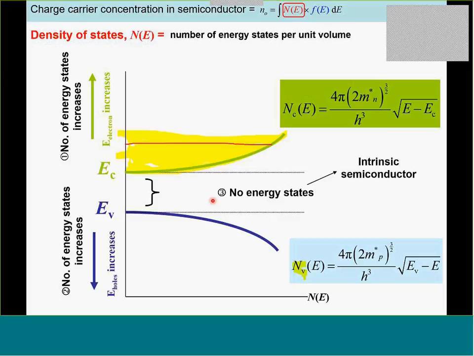Because as you saw just now, when it is extrinsic, you are going to have that acceptor or donor level in the energy states. But when there is no energy state, then automatically you know that it's an intrinsic semiconductor.